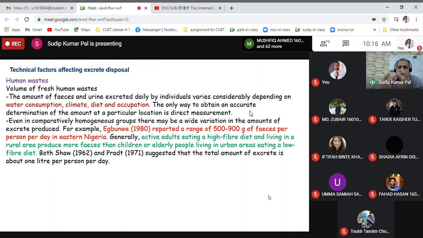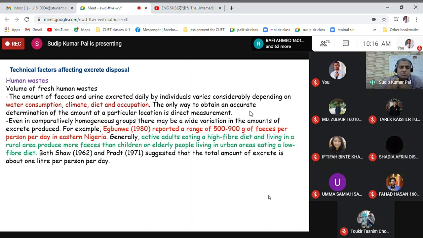Nowadays we are most familiar with fast food. Fast food is a low fiber diet. This means less feces. Those people who eat rice and a lot of vegetables generate more. Generally vegetarians generate more feces.